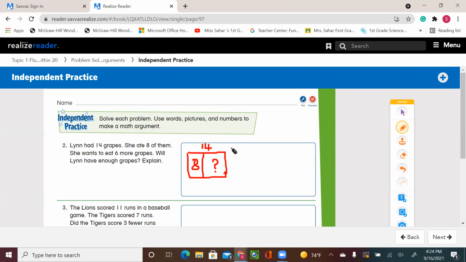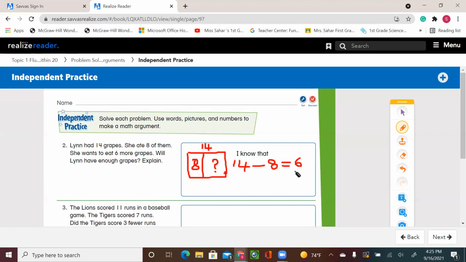Well, let's see. I know that 14 take away 8 equals, what do I need to add to the 8 to make 14?